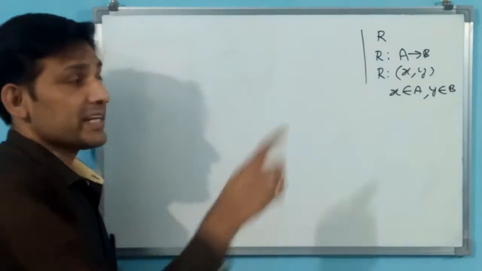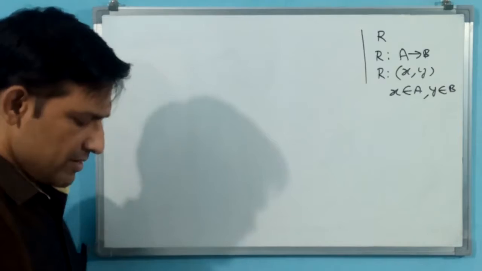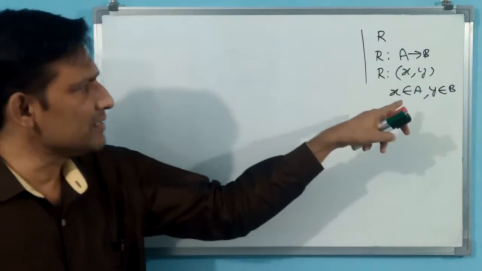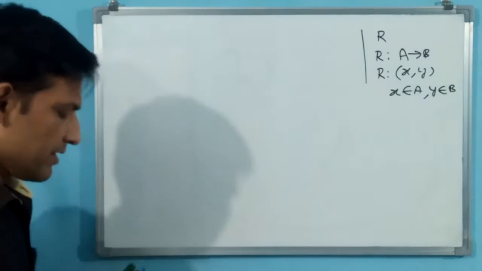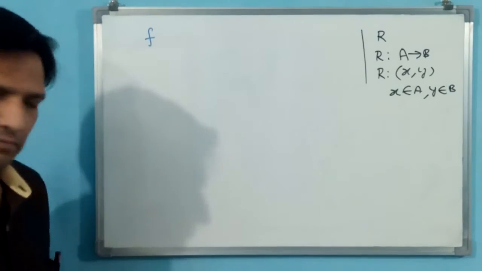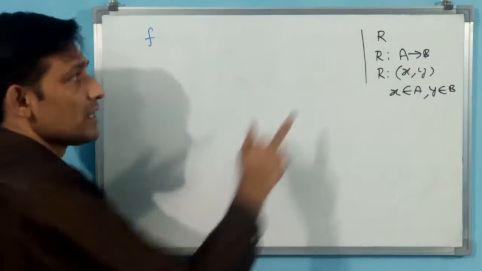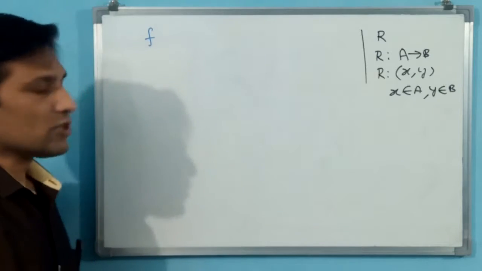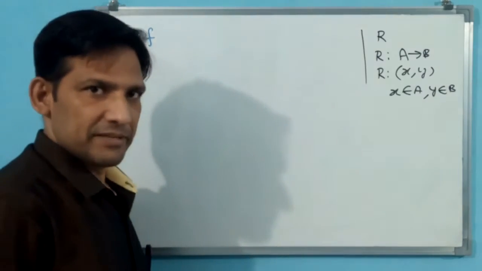We were showing this in relation, not function. Now we compare. What is a function? We represent a function with a small f, but a relation with a capital R. Function we represent with small f only, not capital F.